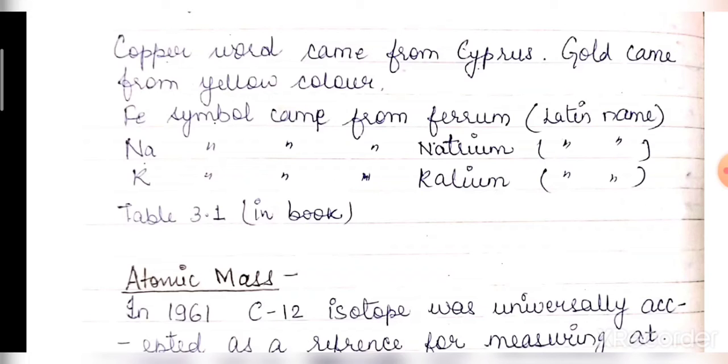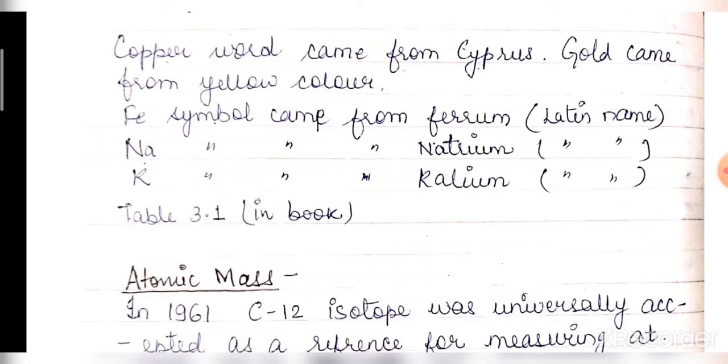K is derived from kalium, that is of potassium, so it is also a Latin name. These symbols you can study in table 3.1 in your book, and you can also go through the periodic table to study the symbols of different elements.